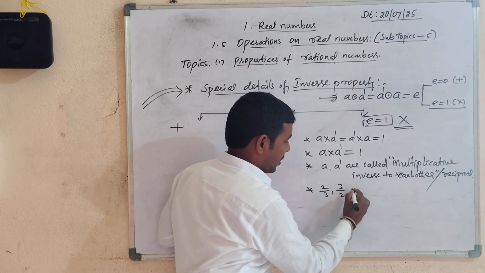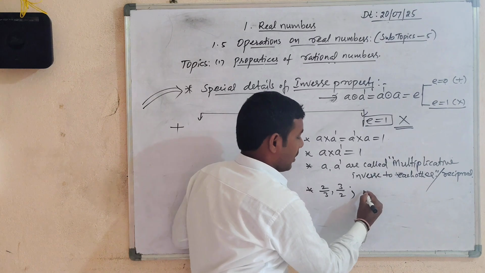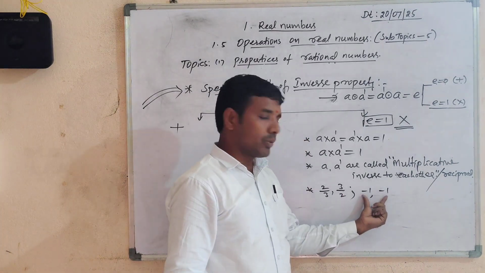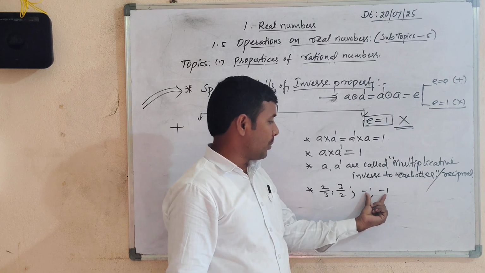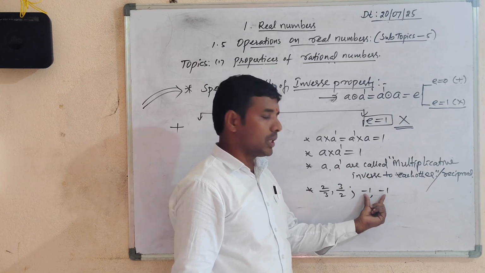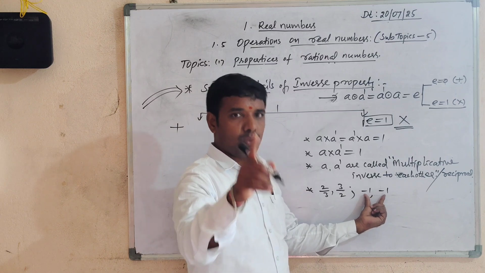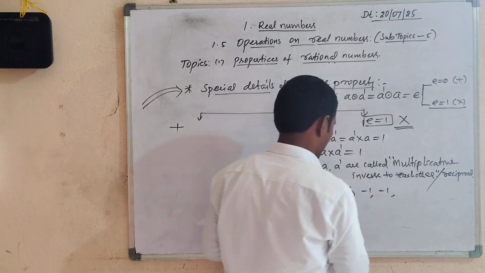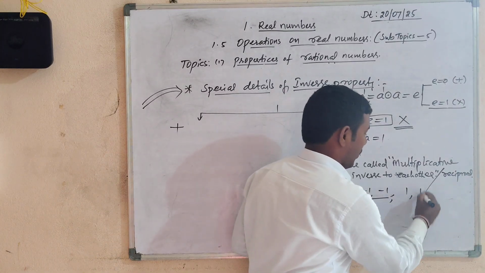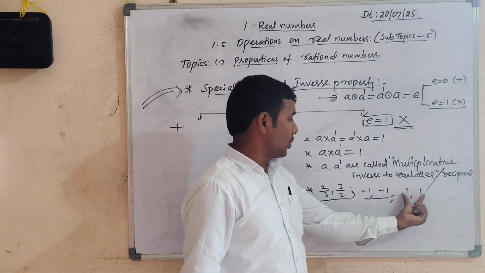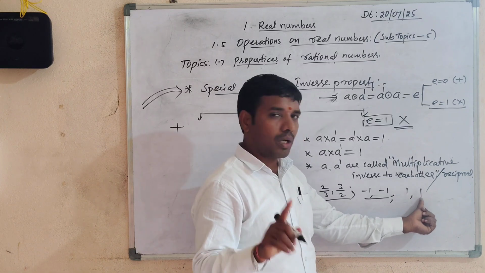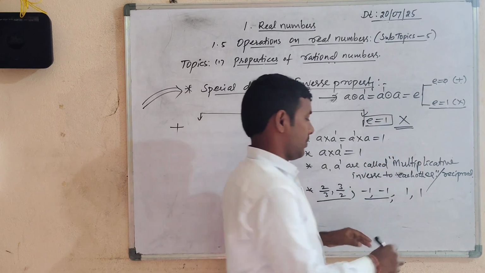One more example. Minus 1 and minus 1. If you multiply both, your result is 1. So minus 1 and minus 1 are called reciprocal to each other. One more example, carefully observe: 1 and 1. If you multiply both, your result is 1, so 1 and 1 are called reciprocal to each other.